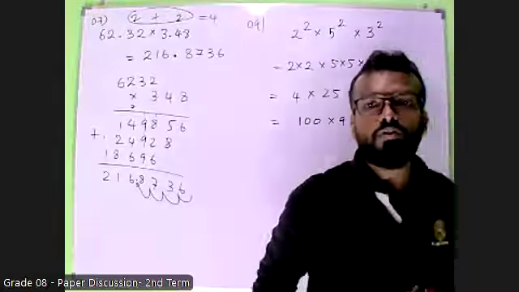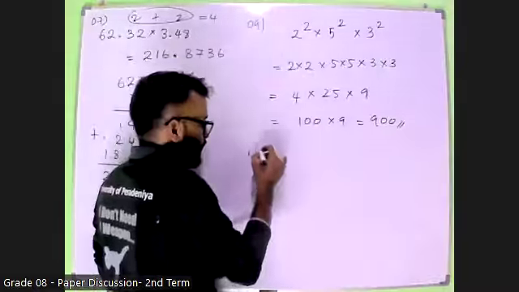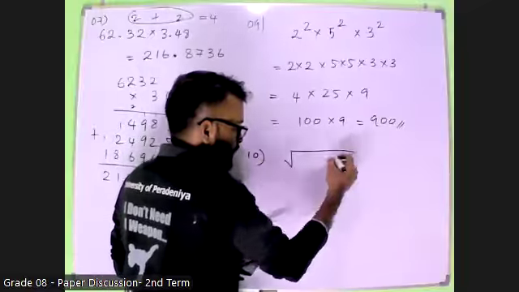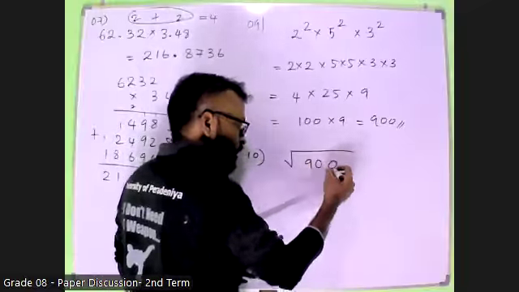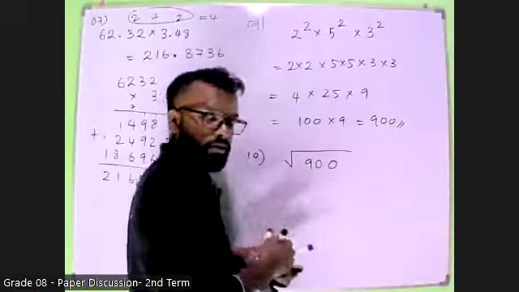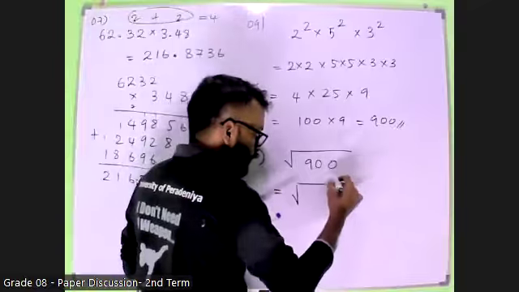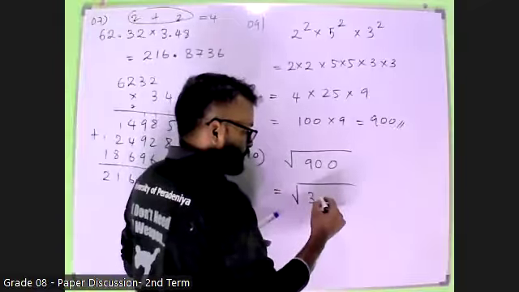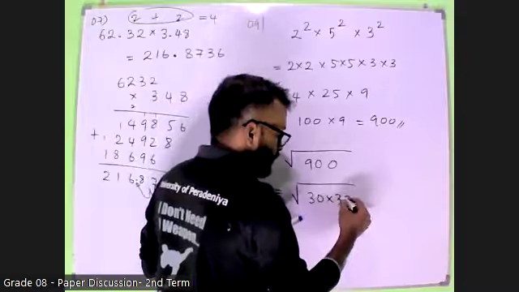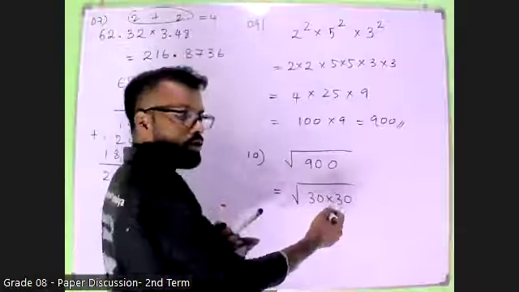Right. Find the value of square root of 900. How do we find it? If you know this way, square root of 900 can be written as 30 into 30. 3 times 3, 9, and 30 into 30 is 900.